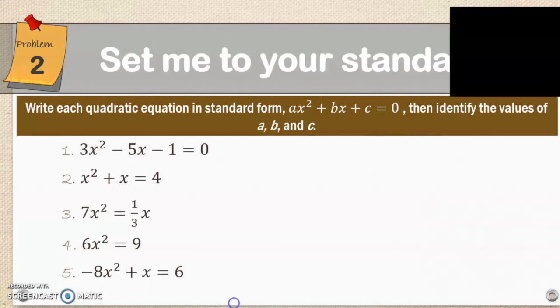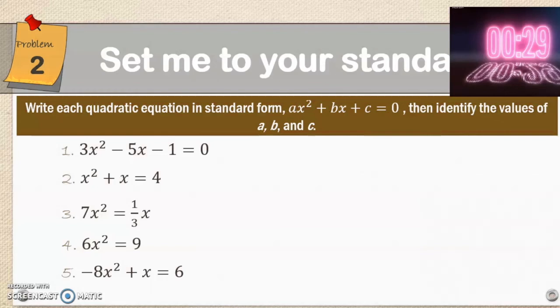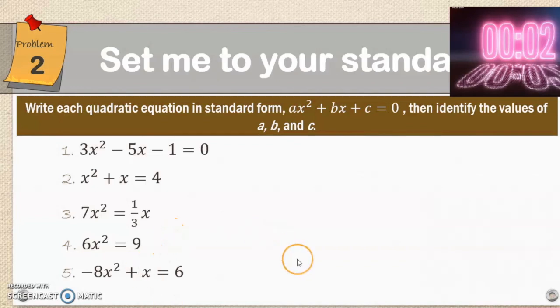Ready? Go. T-minus 30 seconds. T-minus 20 seconds. 10, 9, 8, 7, 6, 5, 4, 3, 2, 1, 0.